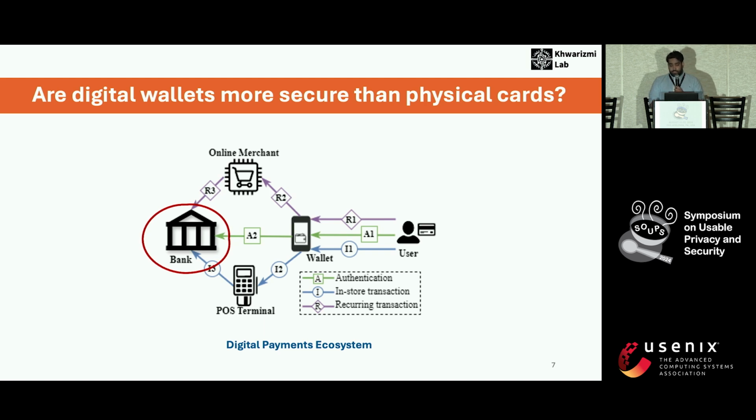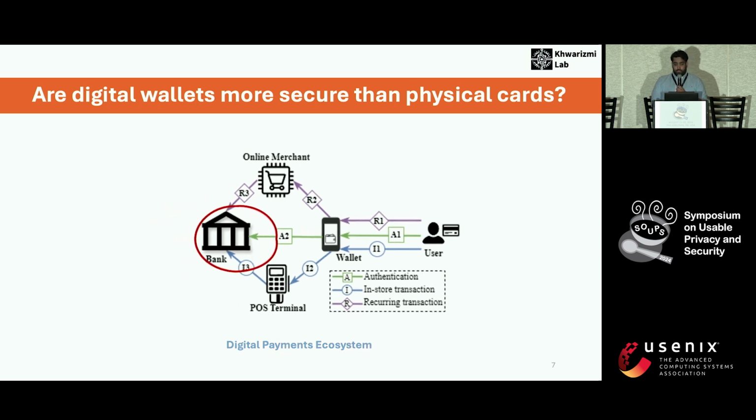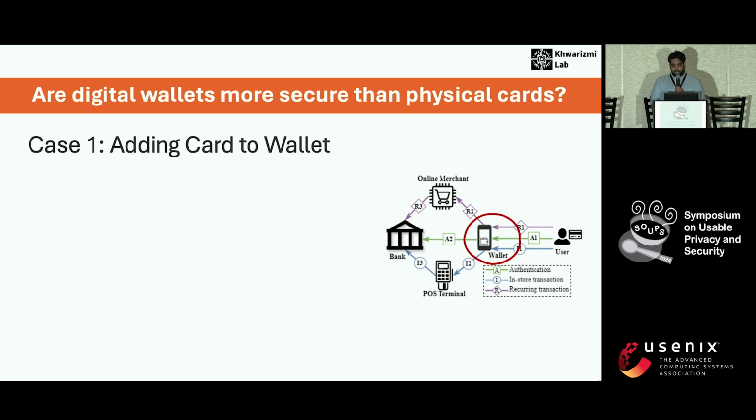So you can see that the transaction starts from the user, who is the authorized person to use that card and who has the ownership of the card, and the bank that issues the card and is responsible for making it secure, right? So we would expect that these two would take the lead in making this whole loop a little bit more secure, but that's not actually the case.